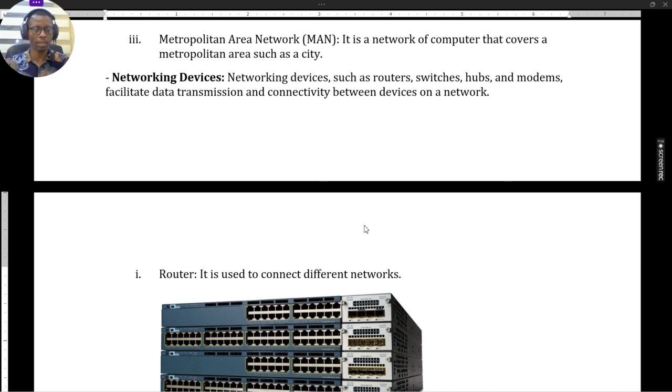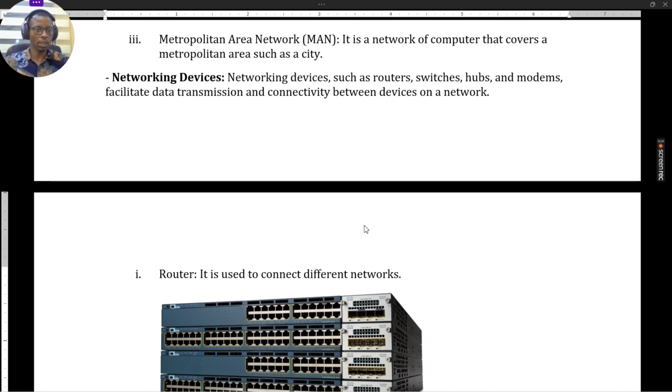For example, when you have maybe three branches of a company in three geographical areas, maybe the system administrator in building 1 or branch 1 has set up the computers there and built the network, and maybe there's another system administrator for network 2 or the second branch, and that was already done. So now they need to connect those networks together.